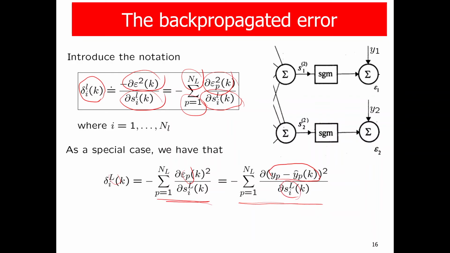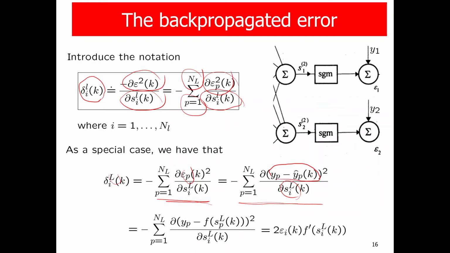We know that the derivative of x squared is just 2 times x. Therefore, the derivative here is just 2 times epsilon times the derivative of epsilon with respect to S_{L,i}, and this is just the derivative of f at location S_{L,i}^k because y_p is constant in S_{L,i}.